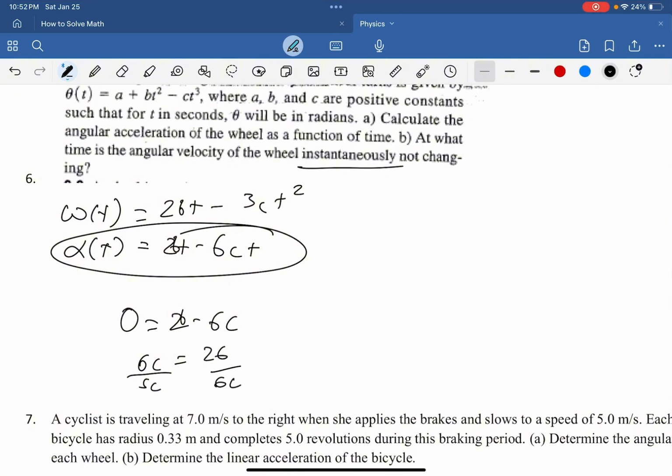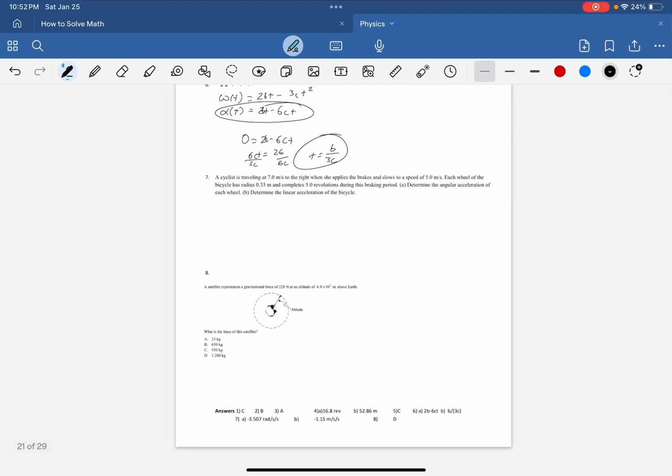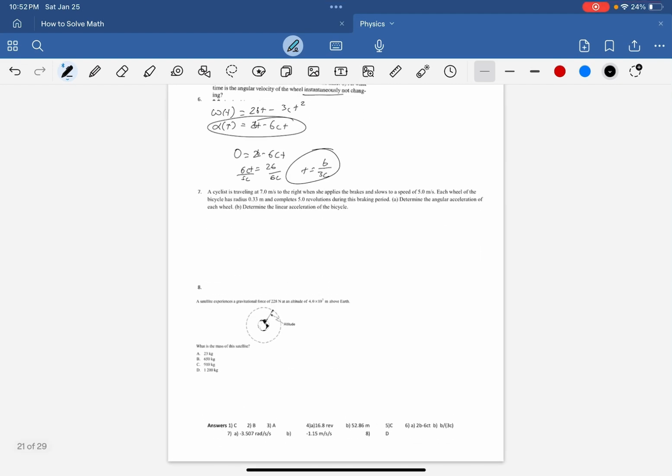It's not changing when t is b over 3c. Yeah, got that correct as well.